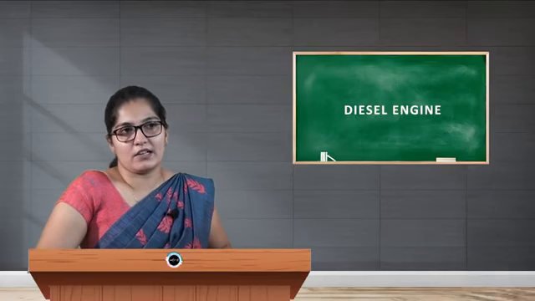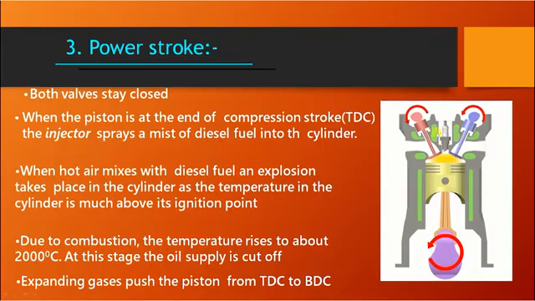Both the valves stay closed during the third stroke, that is the power stroke. Please note that at the end of the second stroke, the compression stroke, the fuel is injected into the chamber, which causes the temperature to rise to 2000 degrees Celsius. Just by compressing the air, it reaches 1000 degrees Celsius, whereas by sprinkling the diesel vapors, it catches fire and reaches a temperature of 2000 degrees Celsius.